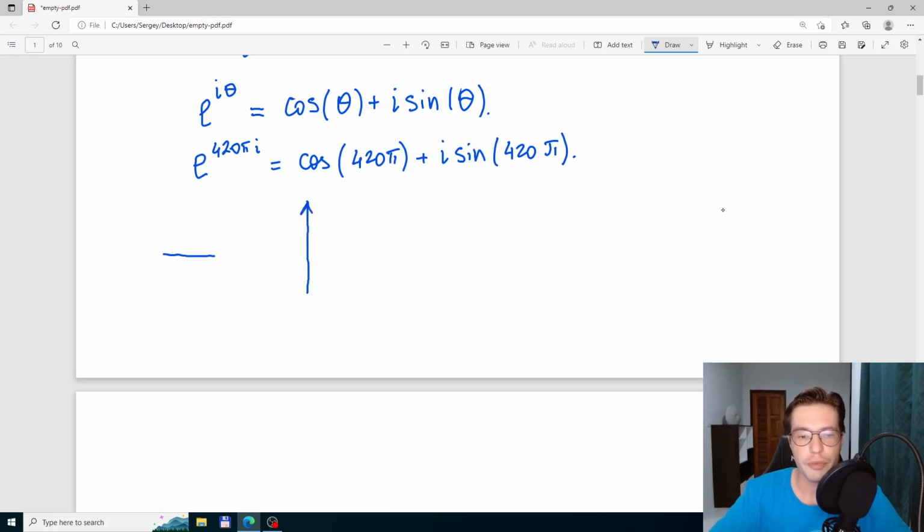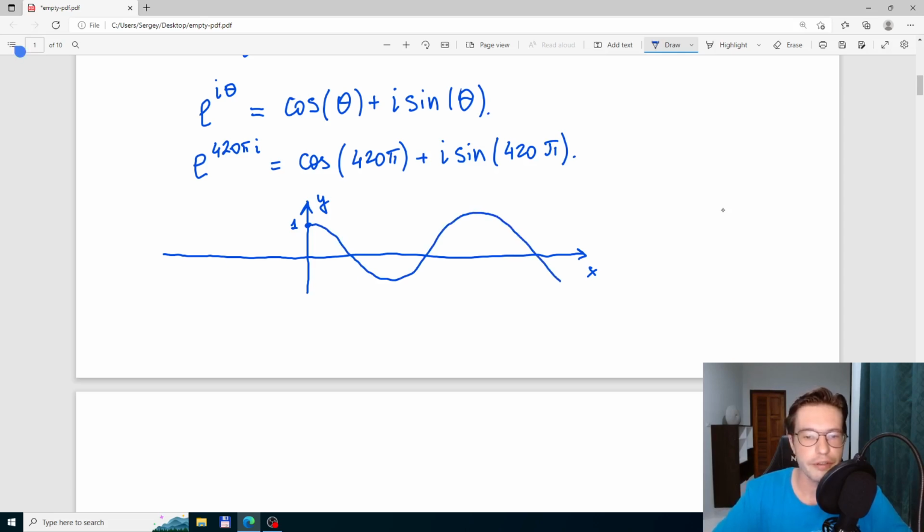But let's remember what the graph of cosine looks like. When x equals 0, cosine is equal to 1. And it goes like that. So this is y equals cosine x.